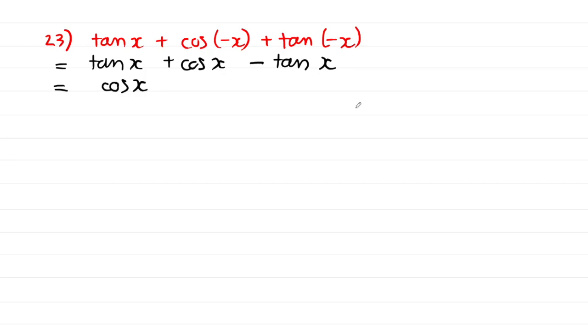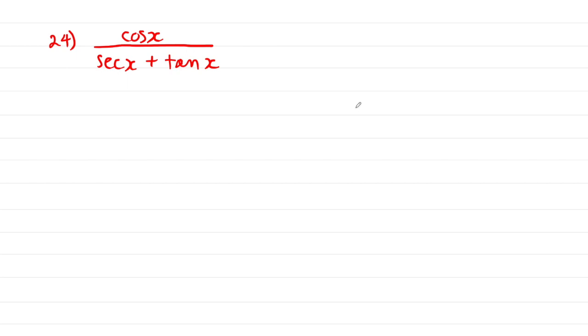24 is my final question. Cos, sec, and tan. For easier viewing, I will rewrite this one in this form, horizontal form. About sec, it means 1 over cos. About tan, it is sine over cos.